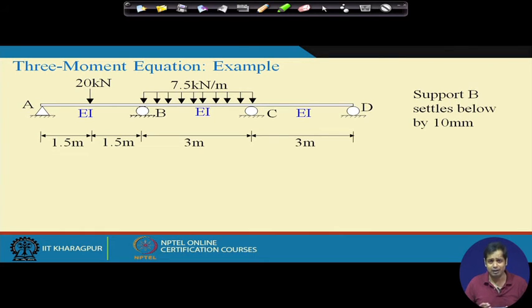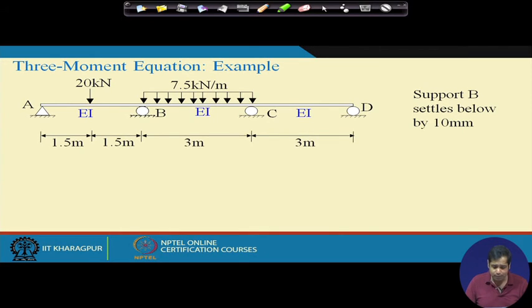The support may settle for some reason, and because of the settlement of the support, in spite of the absence of any external loading, some stresses may be induced in the structure, and correspondingly we can have moments and shear, the stress resultants, in the structure.